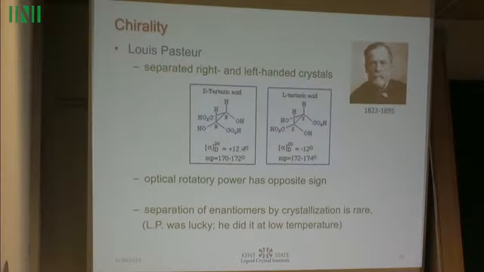So one example is Pasteur's famous experiment with tartaric acid. And as I said, there are many naturally occurring molecules which are chiral. So how to deal with this in optics, how to describe it.